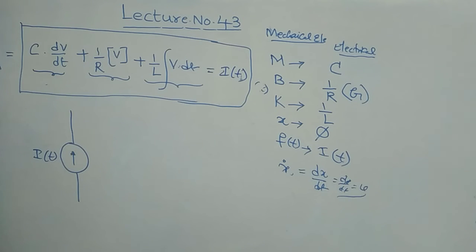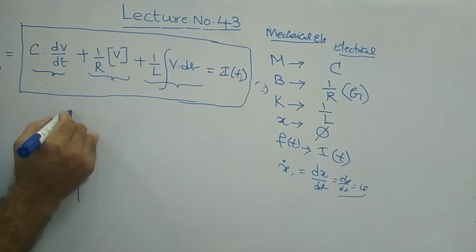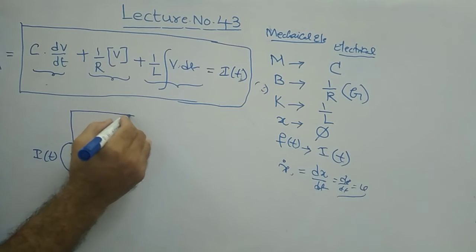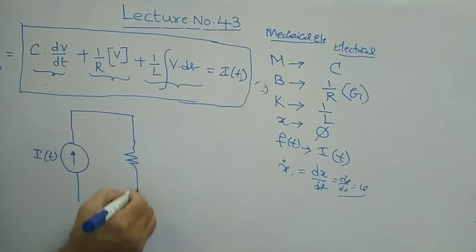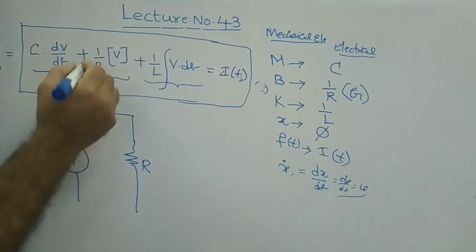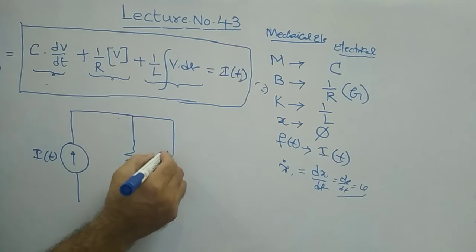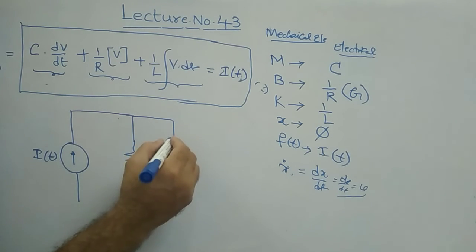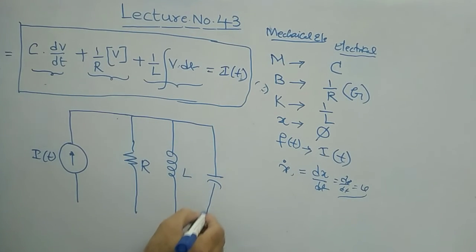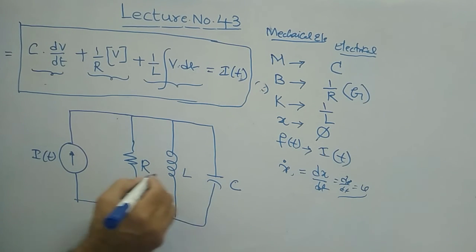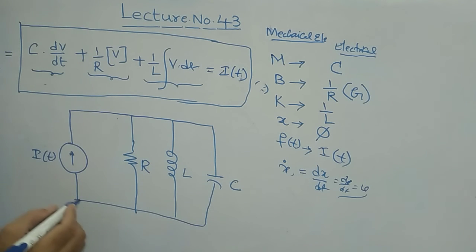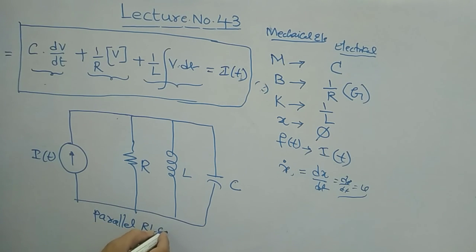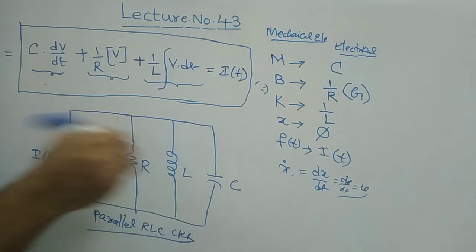Then here R will be there, this is resistance R, and next is the inductance L, next is the capacitance C. That's it. So this is the I of t, and this is your electrical equivalent. It is a parallel RLC circuit.